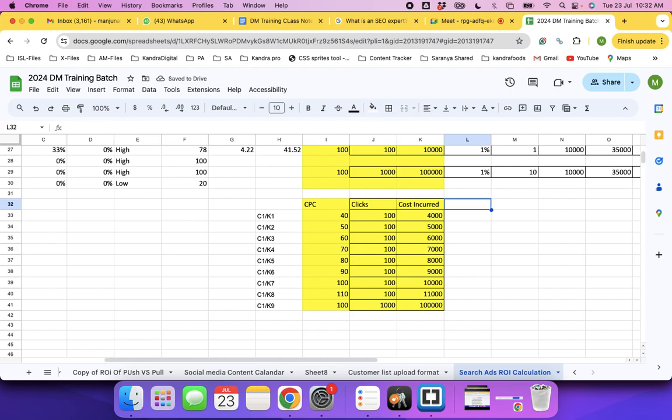Okay. Now you got 100 visitors, but this keyword is buy mangoes, or maybe let's take a different example.